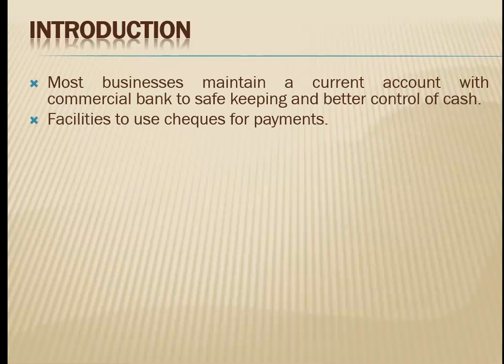So we use a current account because it provides the facility that we call checks. The checks actually represent the money in the bank. If we write a check, it will be paid to the person that we wrote on the check.